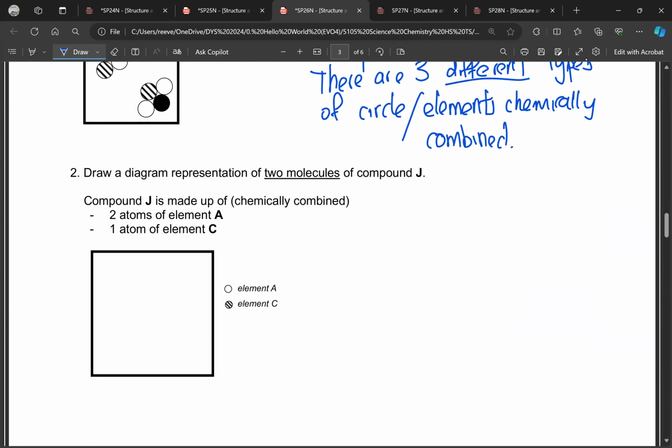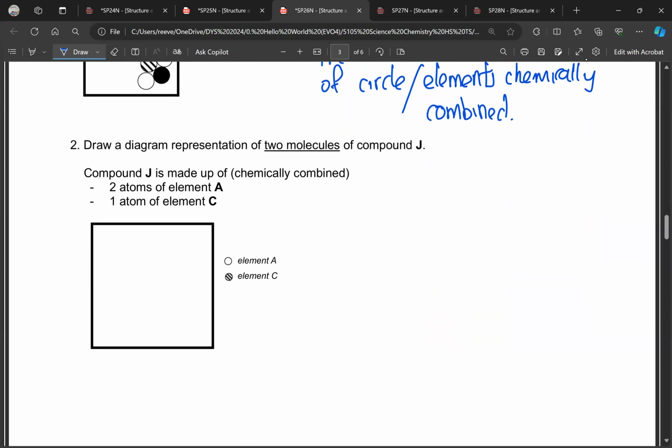Next question, draw. Draw for me 2 molecules of compound J. 2 molecules means 2 sets. So in each molecule, I must have 2A. A is a white circle. Let's draw.